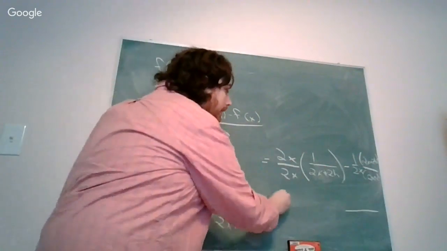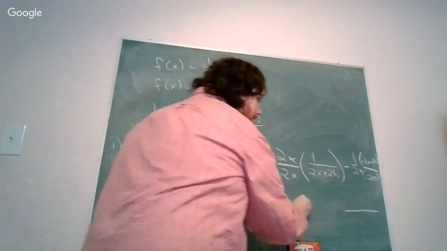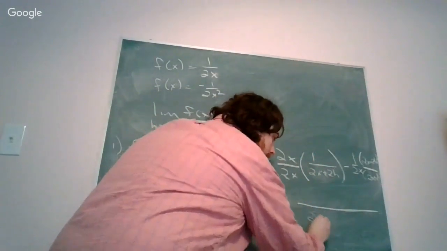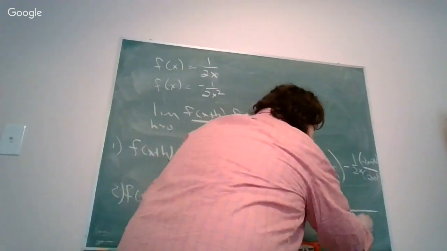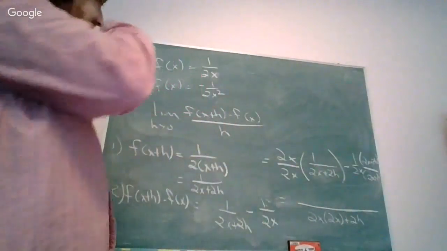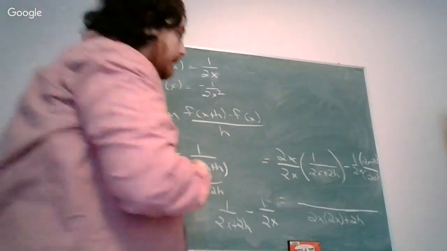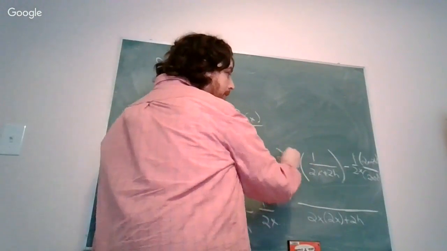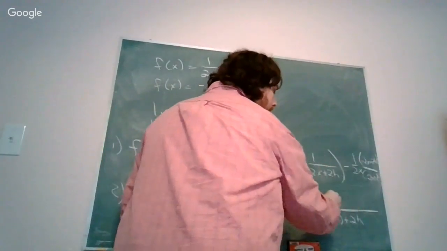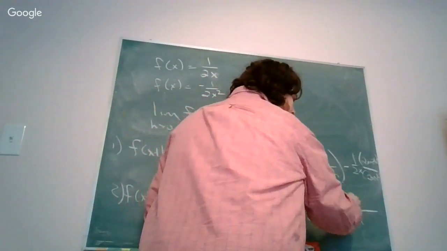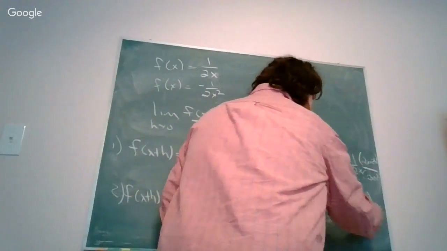And so if I combine those together, the bottom here is going to just be 2x times 2x plus 2h. And so what I get up top is, well, the first portion is 2x, and then minus this portion over here is 2x plus 2h.